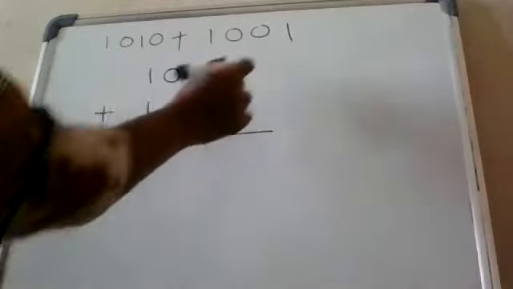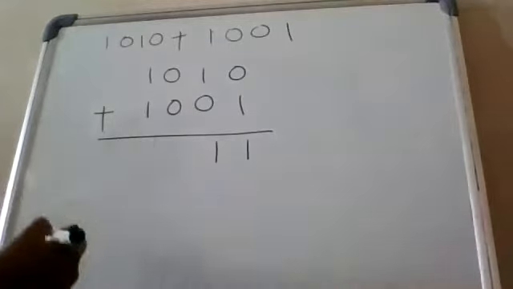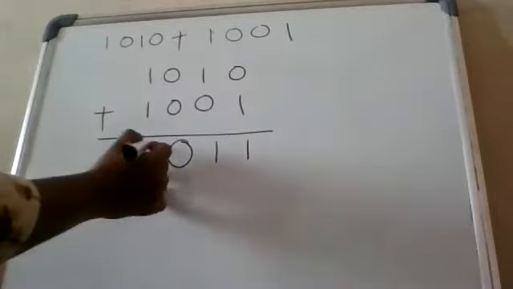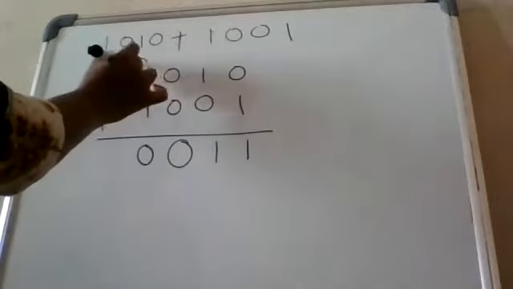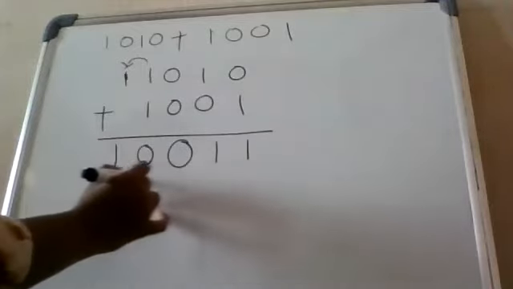Addition: 0 plus 1 is 1, 1 plus 0 is 1, 0 plus 0 is 0, 1 plus 1 is 0 and here 1 is the carry. So this carry we can write here.